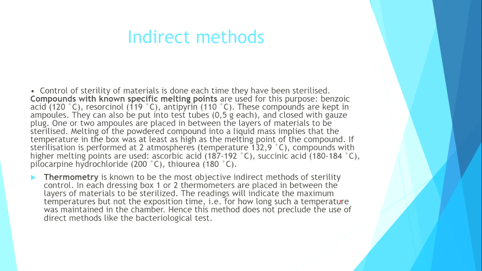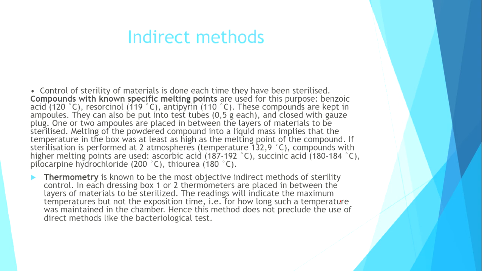If sterilization is performed at 2 atmospheres, compounds with higher melting points are used: ascorbic acid, succinic acid, pilocarpine hydrochloride, thiourea. Thermometry is known to be the most objective indirect method of sterility control.